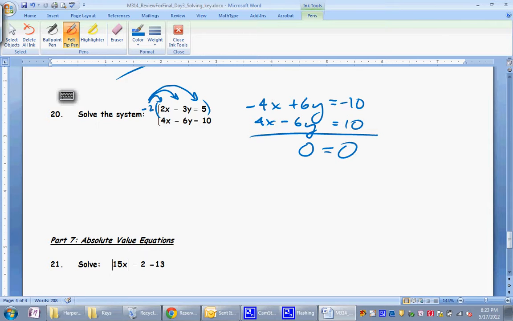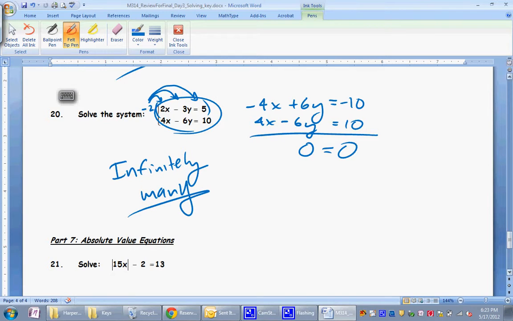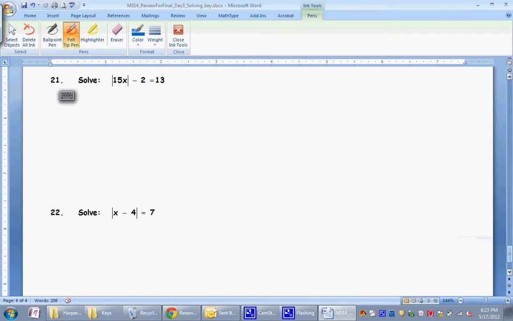That's a true statement. These are the same line overlapping with each other. The same line twice. And so there's infinitely many solutions.